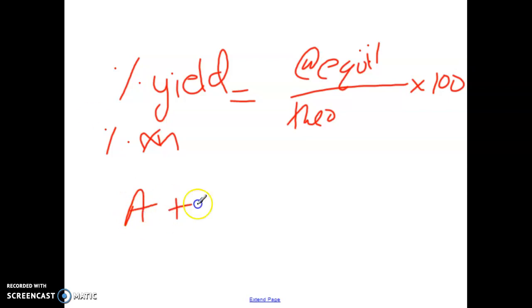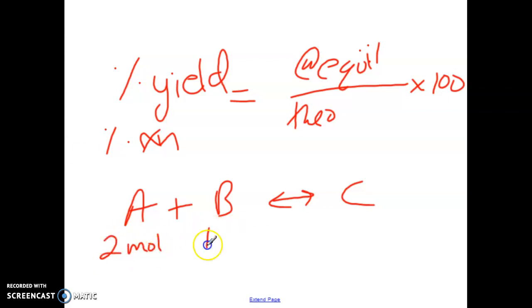So for example, let's say we were using stoichiometry here. I had 2 moles of this and 1 mole here, right? So theoretically, using mole ratio, B would be my limiting reactant, so the most that I should be able to make here is 1 mole.